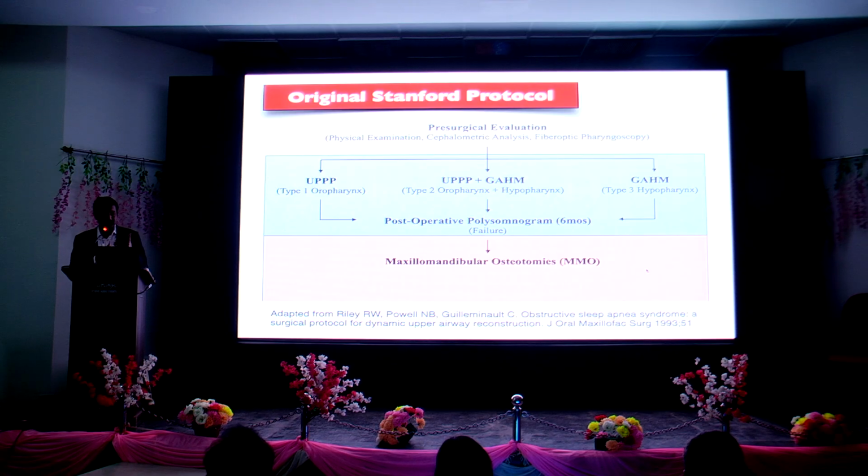Phase 1 was UPPP for a pure oropharyngeal obstruction, and for retropalatal and retrolingual obstruction, they suggested UPPP along with genioglossus advancement and hyoid myotomy, that is a skeletal procedure. And in pure retroglossal, they suggested geniohyoid advancement. If this treatment fails in that particular patient, then they suggest the phase 2 procedure, that is maxillomandibular osteotomy, maxillomandibular advancement. So that was the older concept.